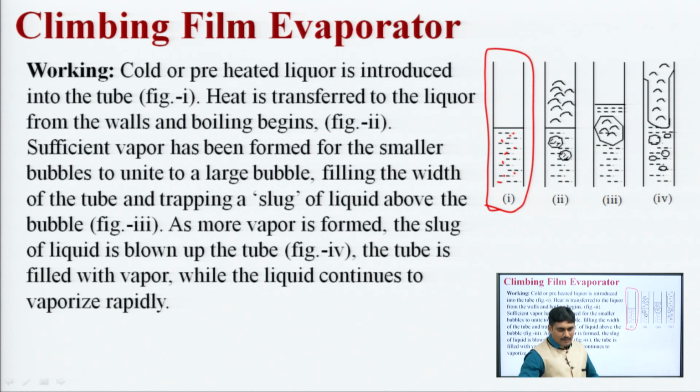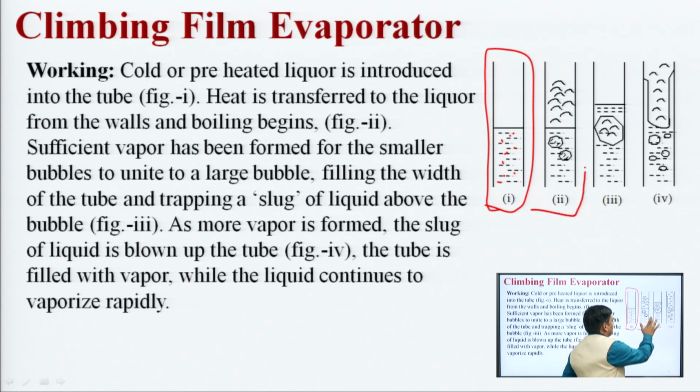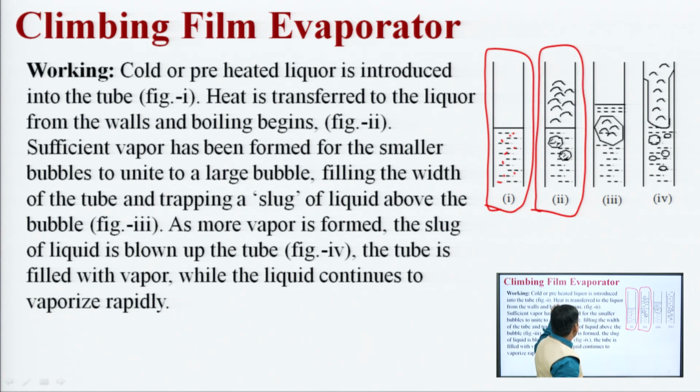Okay. As soon as feed is introduced into the tubes, we have to introduce steam through the steam inlet into the heating unit. Okay. As soon as steam is introduced into the heating unit, consider this second diagram. In this case, what happens? Heat is transferred to the liquor through the walls and boiling begins.